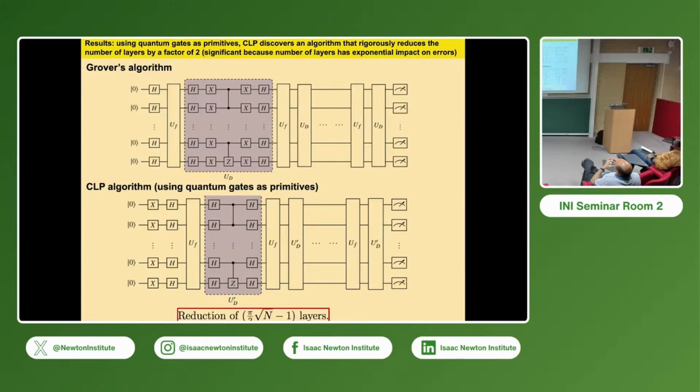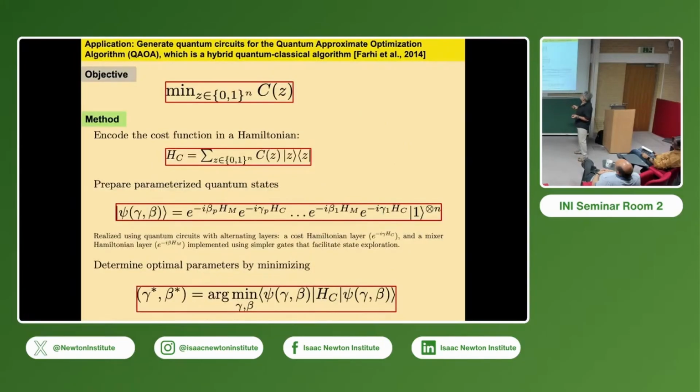Okay, so when we did this, a DARPA program manager for a different program focused on quantum computing said, yeah, but you have kind of solved a spherical horse, meaning that the quantum search problem is an easy problem. There's a harder one, and they told us to try to generate an algorithm for the quantum approximate optimization algorithm, which is a hybrid quantum-classical algorithm.